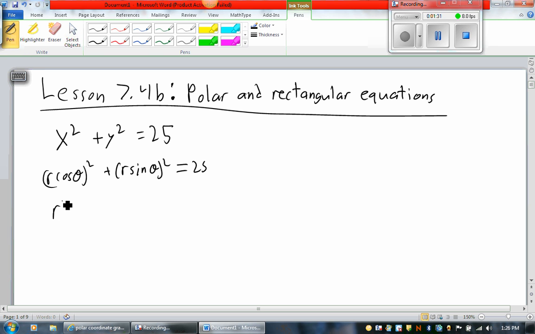So this is r squared cosine squared theta plus r squared sine squared theta is 25. We have r squared times (cosine squared theta plus sine squared theta).